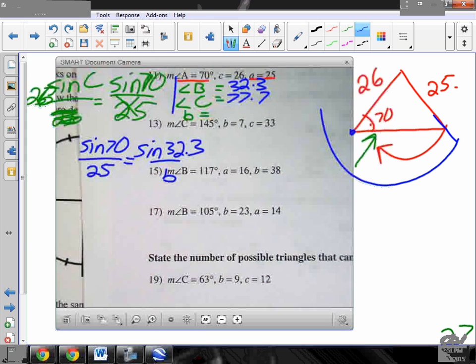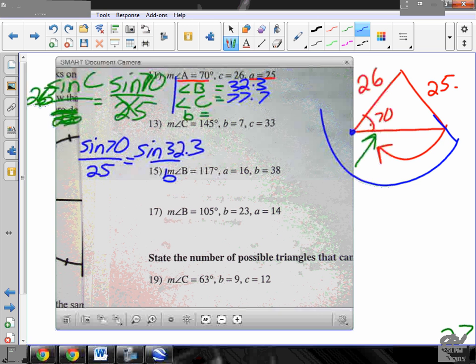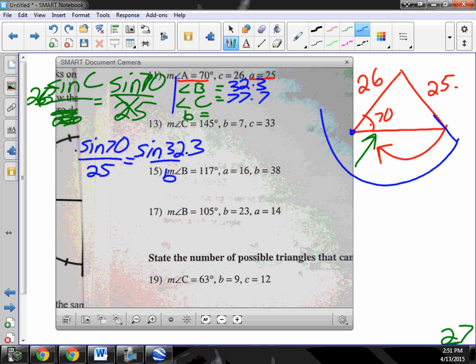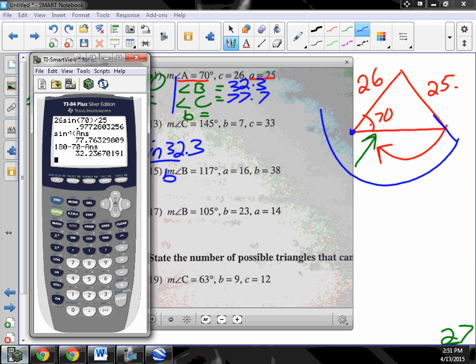What is it going to be? 25 sine of 32.3 divided by the sine of 70. So that tells us that little b is 14.21.